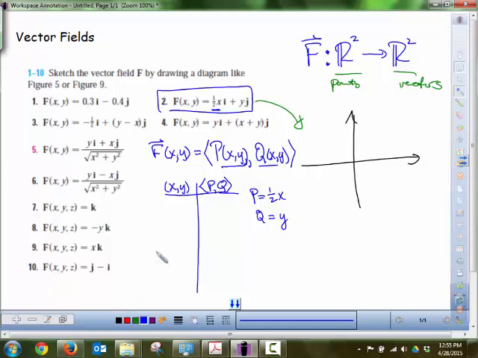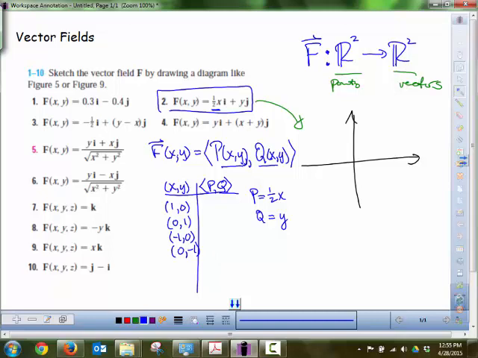Now when we quote unquote plot points, we would put in values in here. 0, 0 isn't going to give us anything interesting, so I'm going to start with 1, 0, then 0, 1, negative 1, 0, and 0, negative 1. Let's start with those points and see what happens.